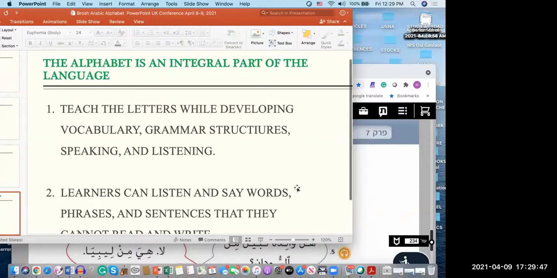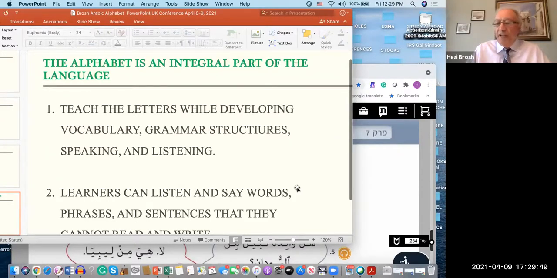So before I show you my way of teaching the letters, I want to tell you my beliefs. I think that if you develop a strong writing system among the students, the rest of their learning will be easier and more attractive for them.